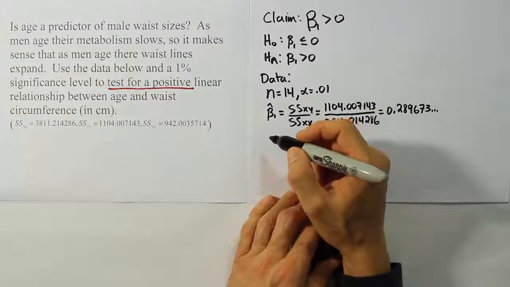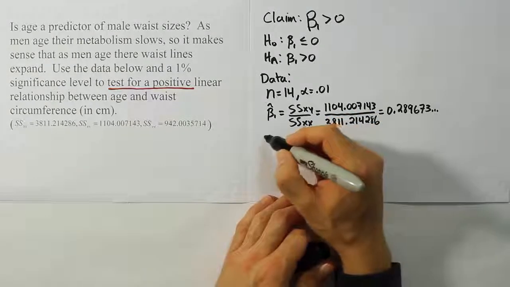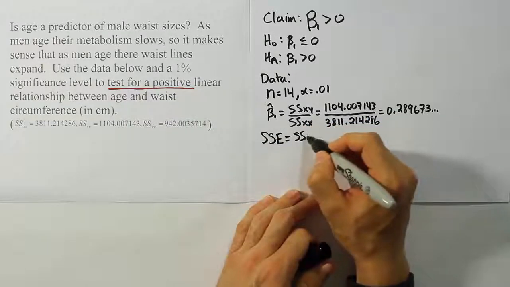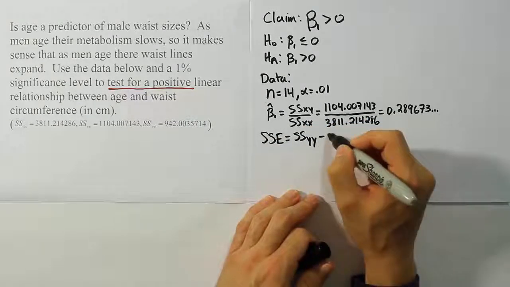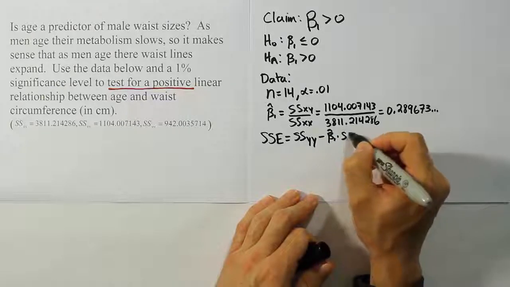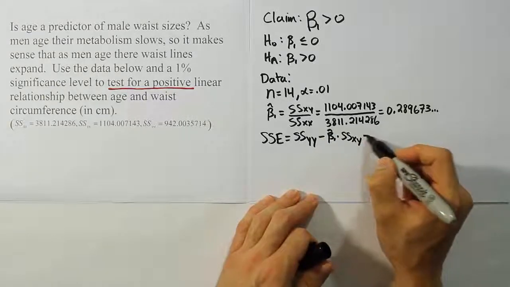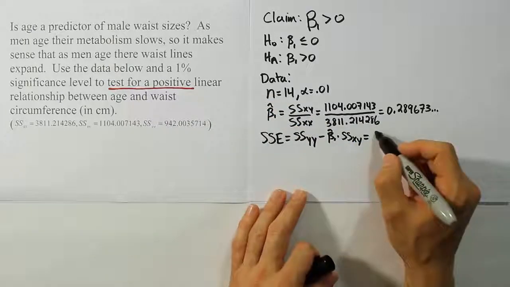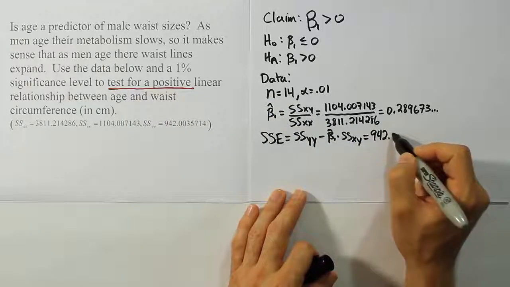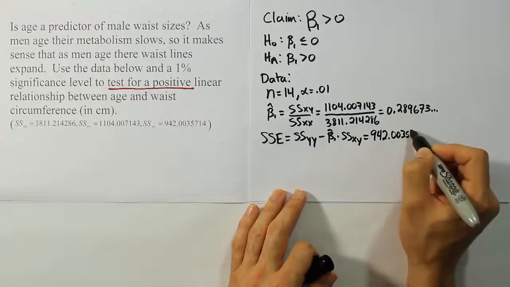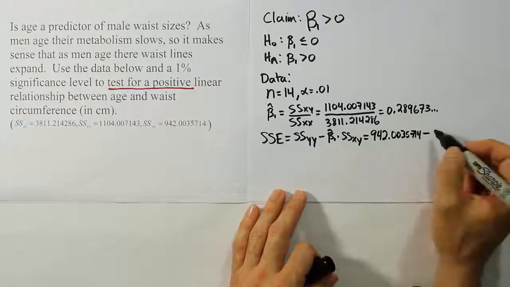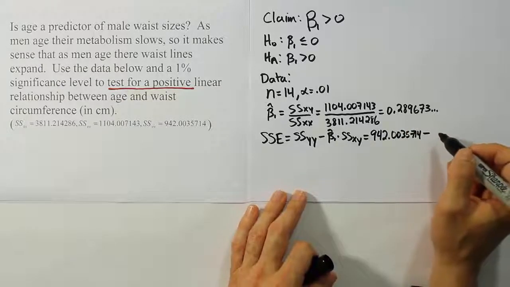Our next step is going to be to come up with the sum of square for errors. So that's SSE. Sum of square for error has the following relationship: SSYY minus beta 1 hat times SSXY. Now that SSYY value is given to us. It's 942.00355714 times our slope times SSXY.